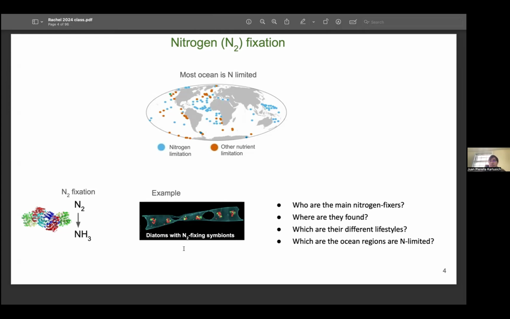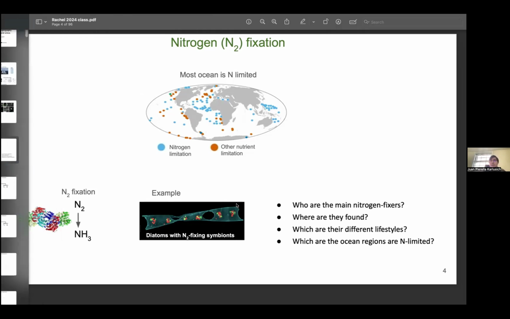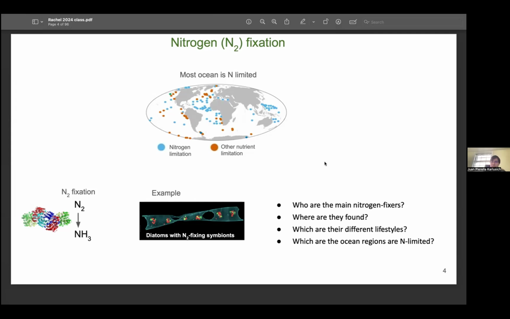And also in terms of symbiosis, there are some nitrogen fixers in which the integration with the host is attached to the surface, and they can be free living at some point. Others live inside the cells.